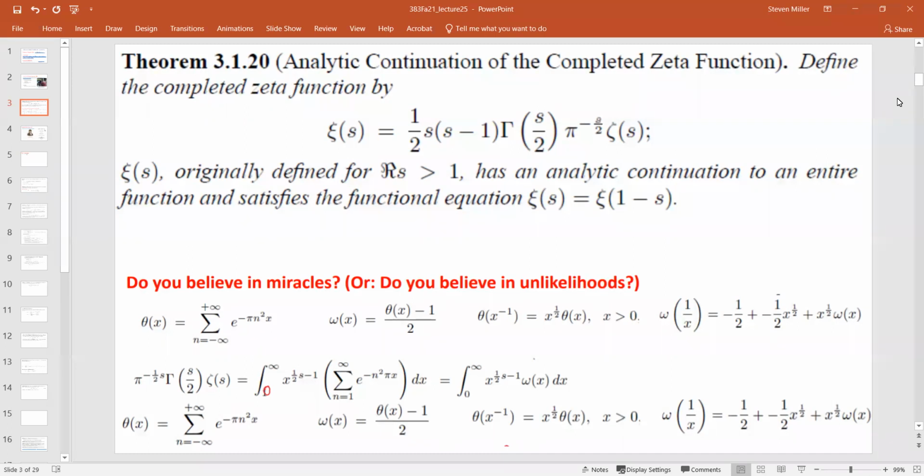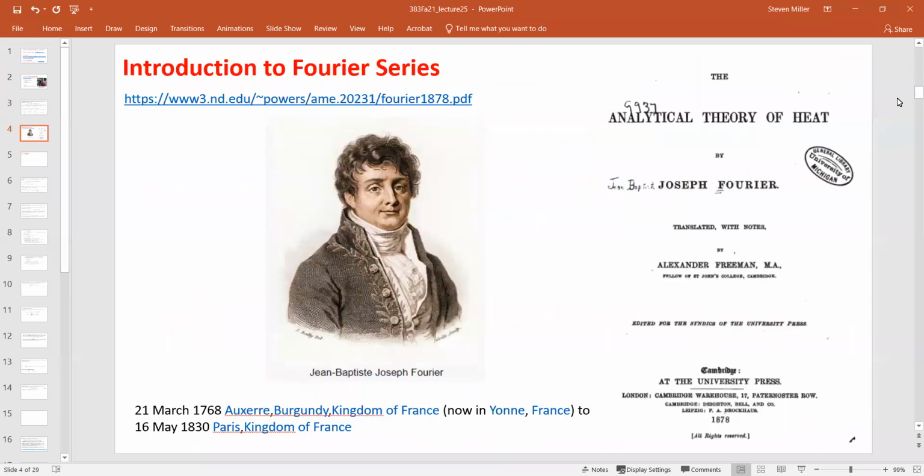Okay. So just to give us a little picture, a lot of this was developed from trying to understand physics. In fact, a tremendous amount of mathematics is being developed to try to understand physics. String theory is a great example nowadays, or the asymmetric theory that they have in Big Bang. Hopefully this will lead to some good, interesting mathematics. This was trying to understand the flow of heat in various physical systems.